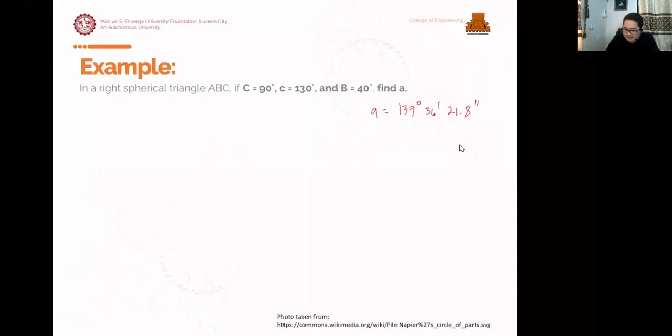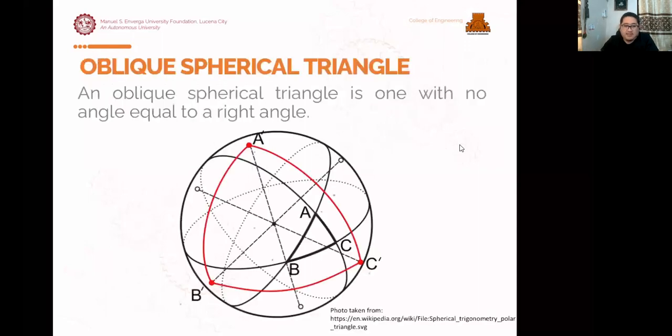Okay? Next, now we go to the oblique spherical triangle. An oblique spherical triangle means that none of the sides or angles of the spherical triangle is equal to 90 degrees, which is why it is called oblique. Basically, it is formed by the intersection of great circles.